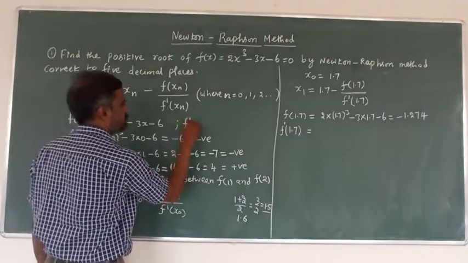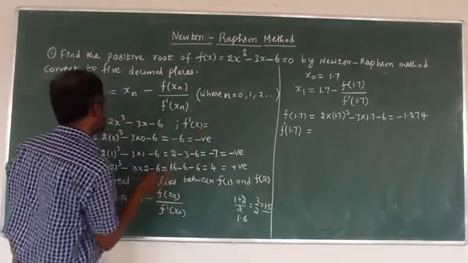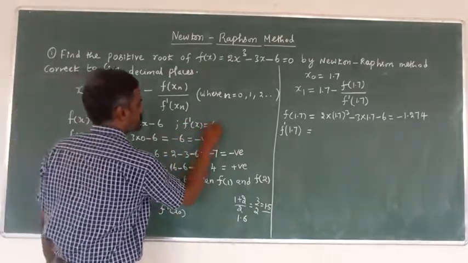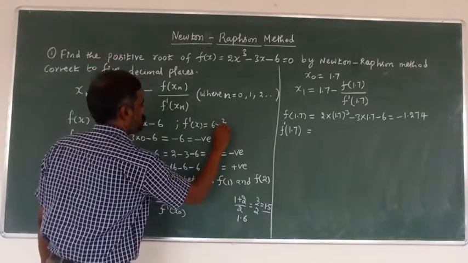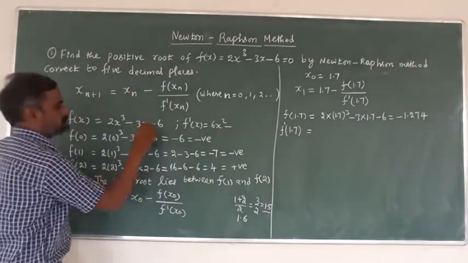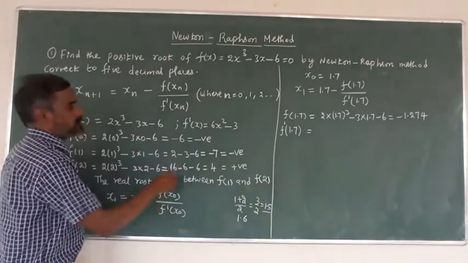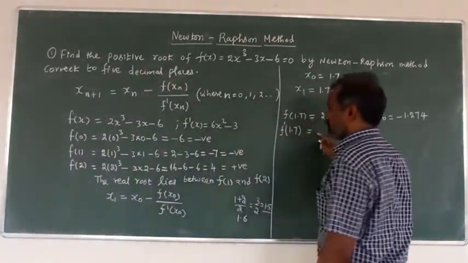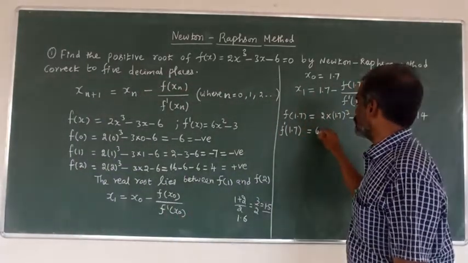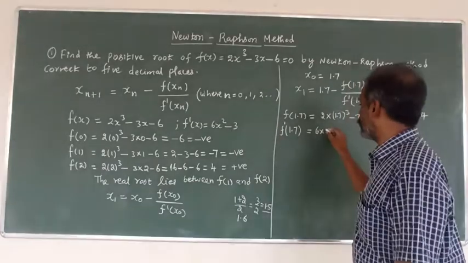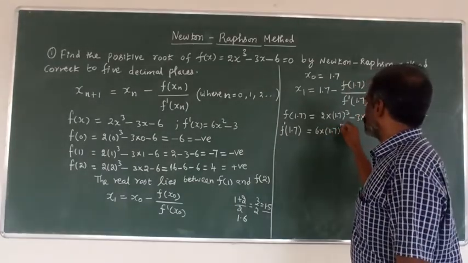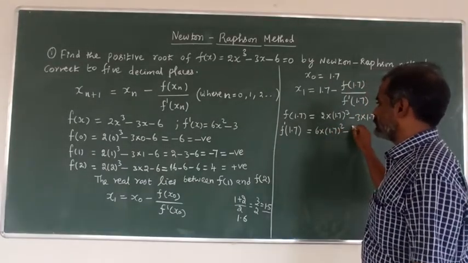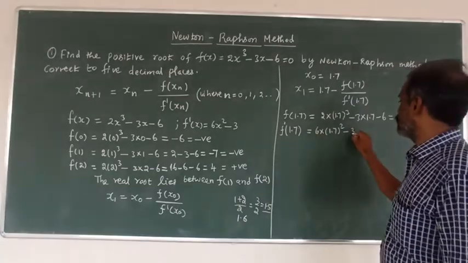Now f dash x equals 6x square minus 3. Substitute the value here, 6 into x value 1.7 square minus 3.